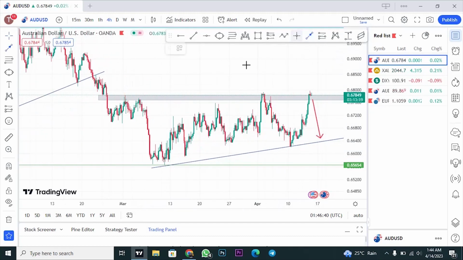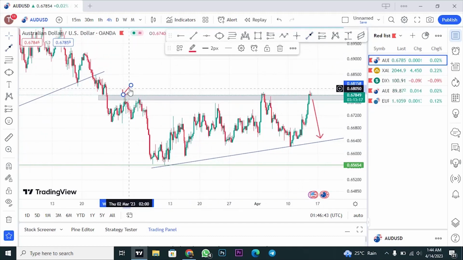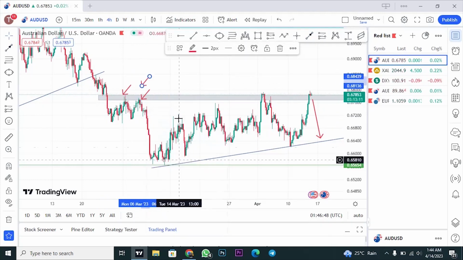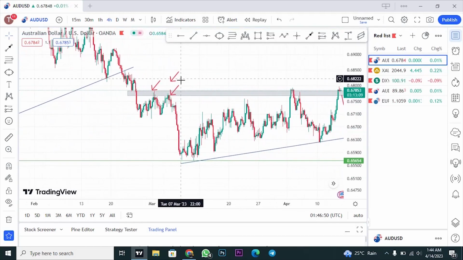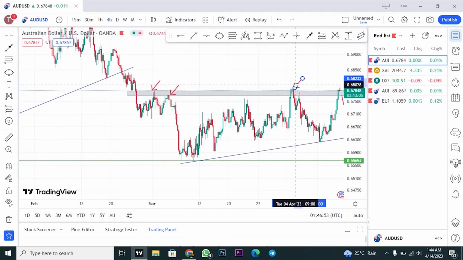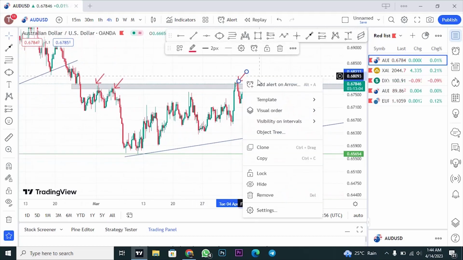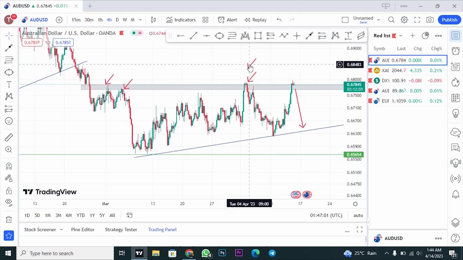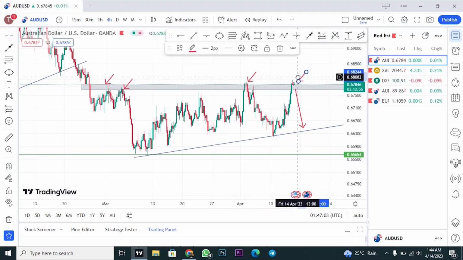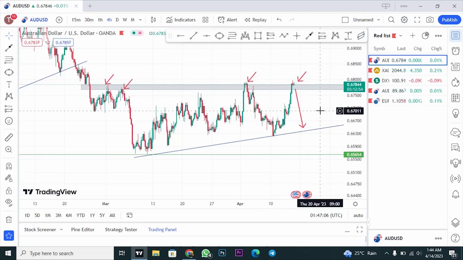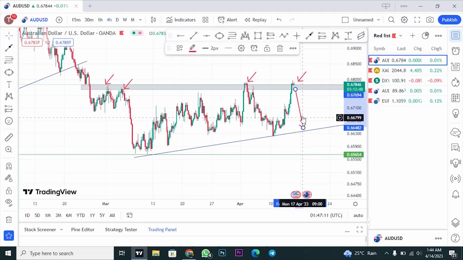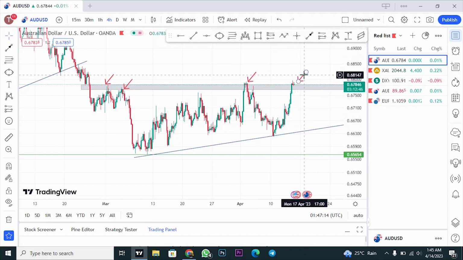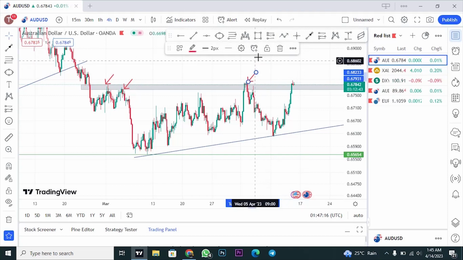Price rejected here for the first time, for the second time again, for the third time, and price is rejecting once again right at this point. So I want price to give me a clear indication of movement to the downside, then I'm going to capitalize on that one. So that's pretty much it on AU2.